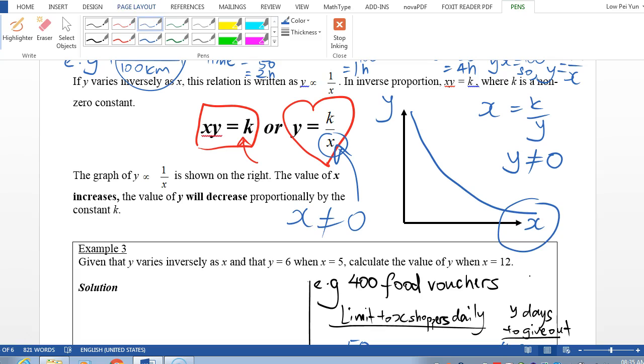So this graph, if I were to draw it again, will approach the y and the x-axis but never touch both axes. So it's a curve.